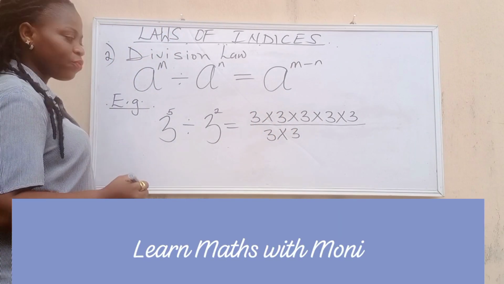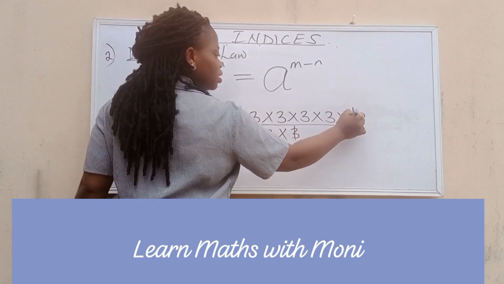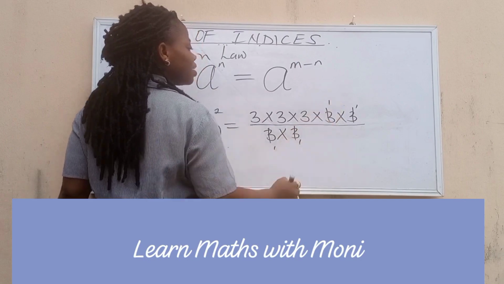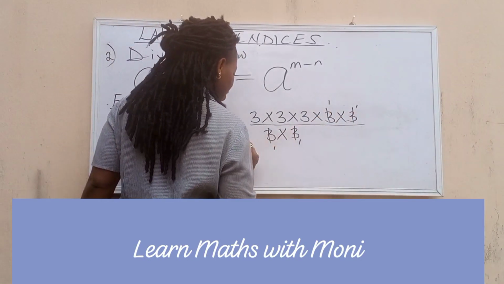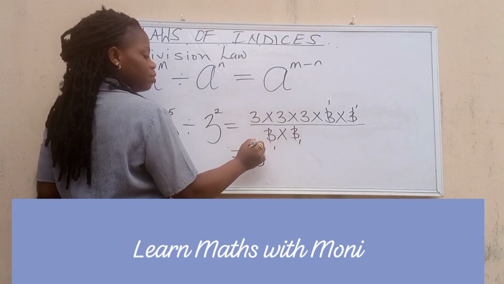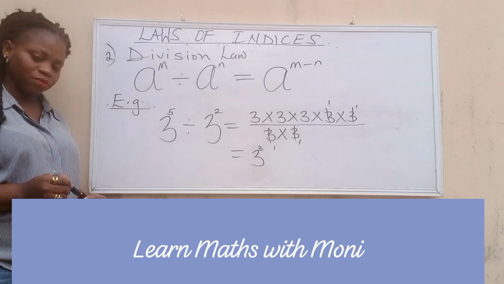In this elaborate form, we can say 3 divides 3 is 1, 3 divides 3 is 1, so that I have it equals to 3 raised to power 3, 3 multiplying itself in 3 places.